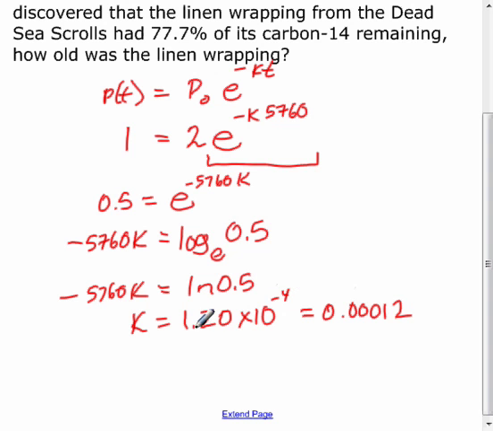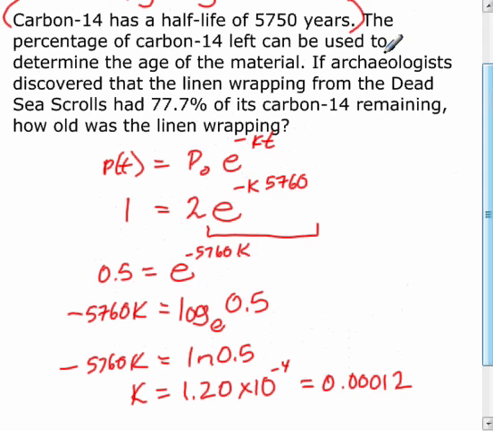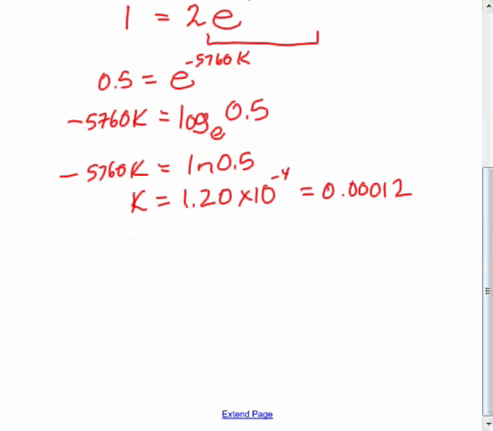Times 10 to the minus 4 just means move the decimal 4 places to the left. So 1, 2, 3, 4. There. So my k value for carbon-14 and its decay rate is 0.00012.